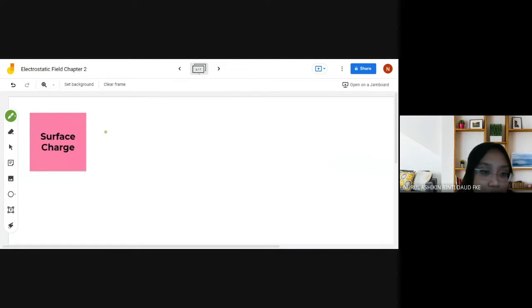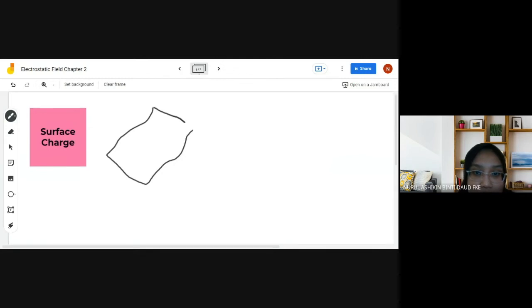For surface charge, let's assume that we have a specific surface here. From this surface, there are two important pieces of information that we have.